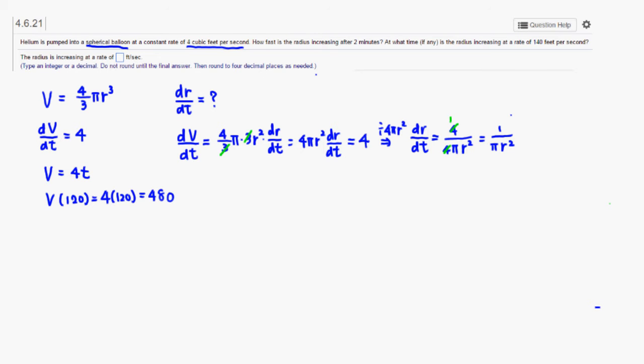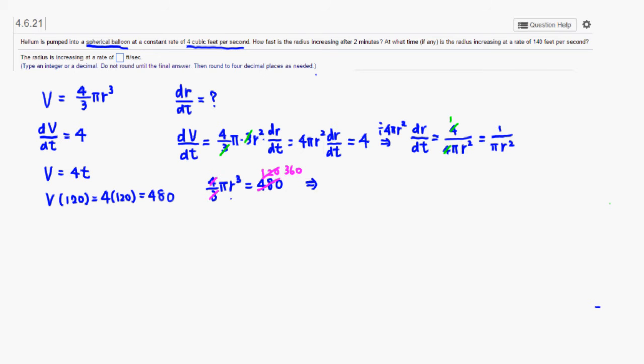Then what we need to do is find r. We know that after 2 minutes, volume is 480, and the formula is 4/3 pi r cubed. Then we can divide through by 4, and it's going to be 120, and multiply both sides by 3, then you have 360.